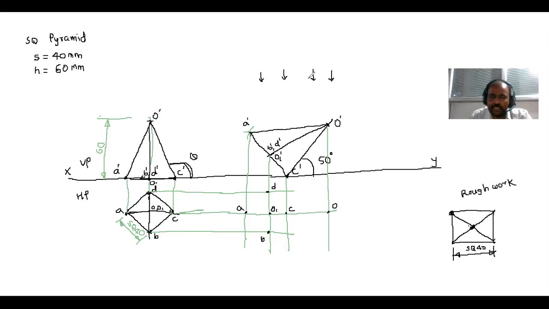Now from that direction, you can see that O dash A dash is the nearest edge. So that will be definitely dark. O A should be definitely dark, because that is the nearest from the direction of observation. Here is the observer.